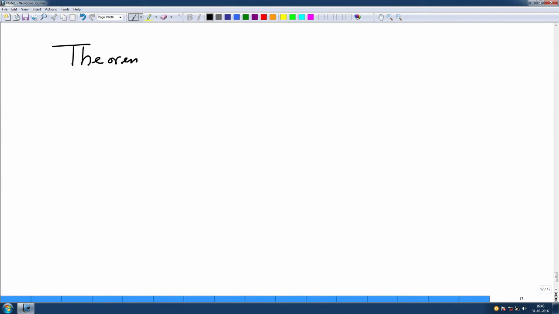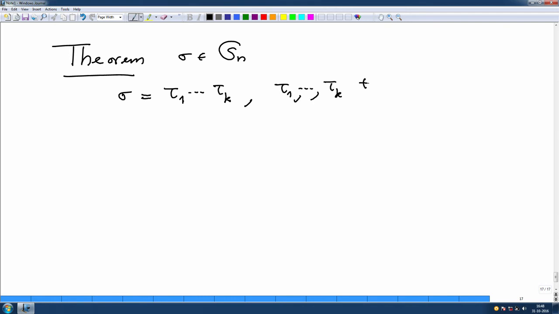If sigma is a permutation, and suppose somebody writes sigma as a product of k transpositions tau 1 to tau k, which may not be disjoint, then I want to prove that the sign of sigma is minus 1 power k.